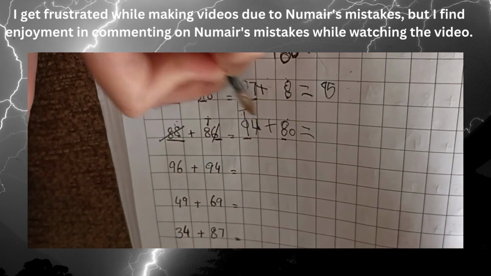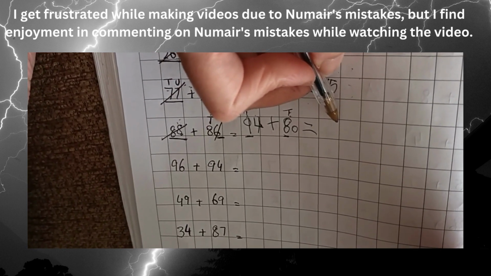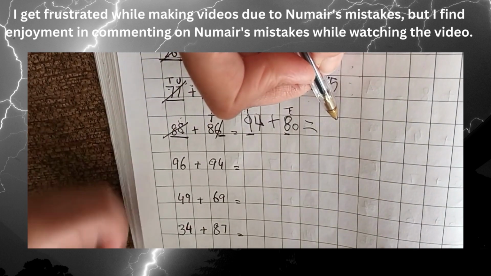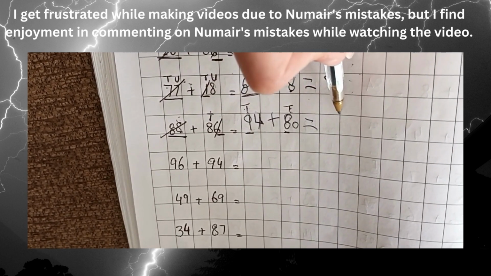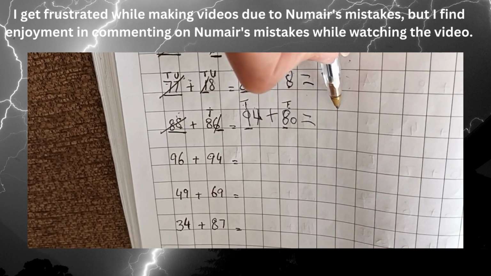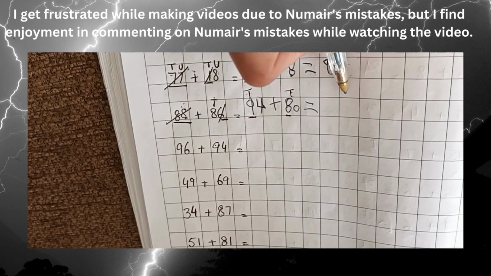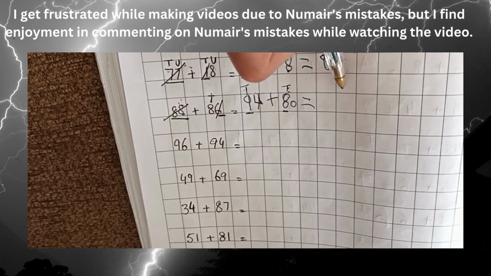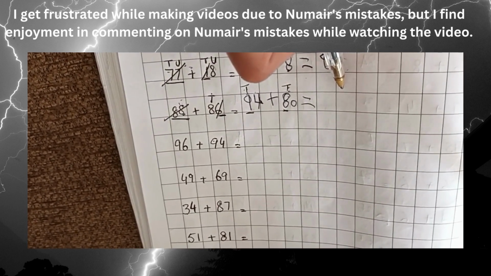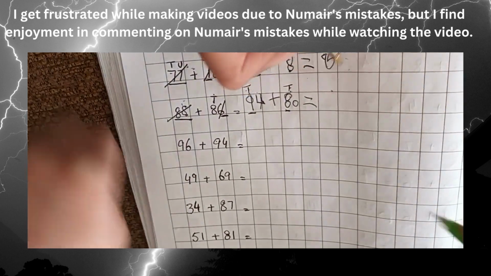But this is the tens column. So 90 and 80 makes? Come on, be fast. 90 add 80. 9 add 8 makes 17. So 90 add 80. 170. Good boy. Write 170.